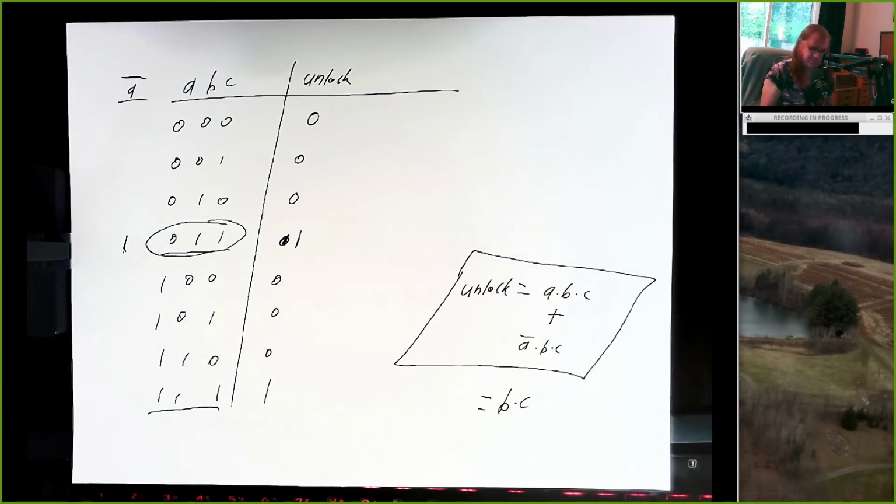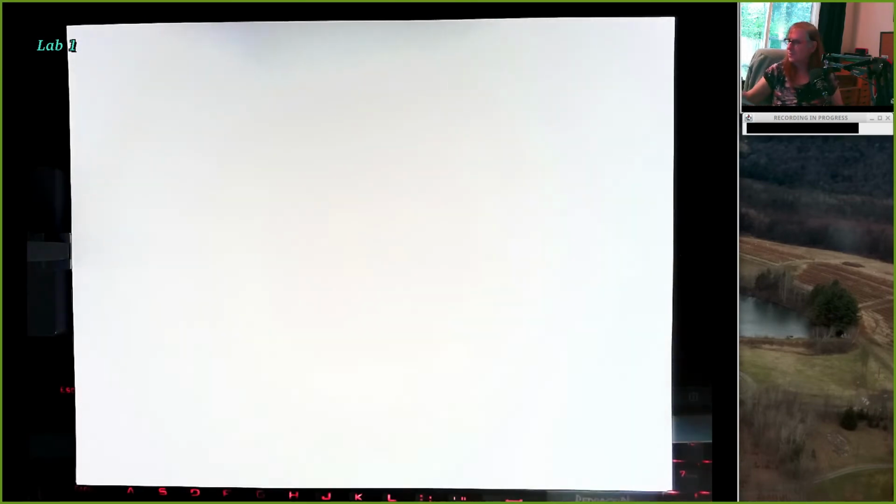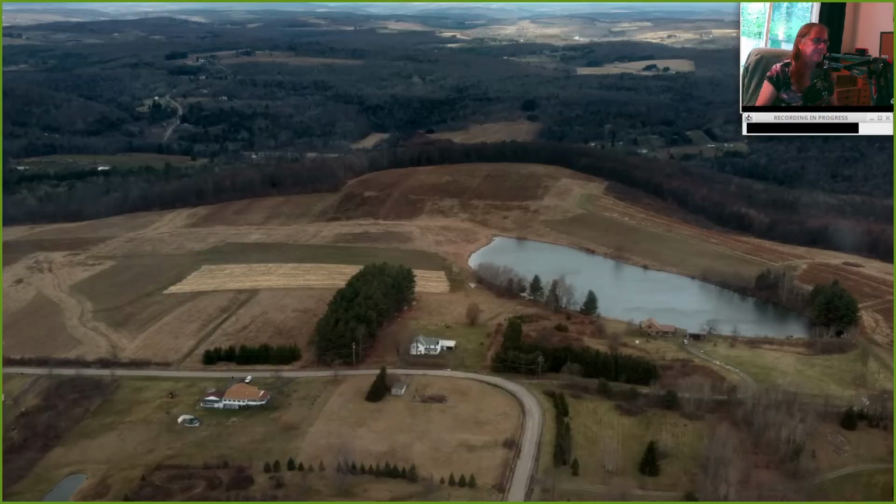But let's change track at this point. We've got about 40 minutes left in class. Let's go ahead and take a look at Lab 1, because Lab 1's due Friday, and so we want to get started on that.